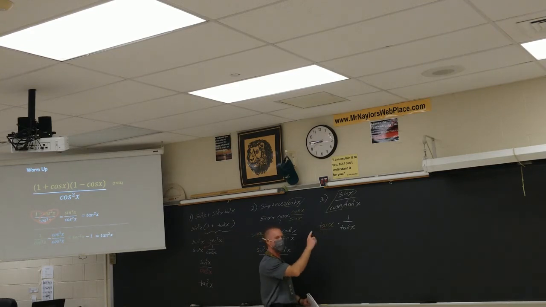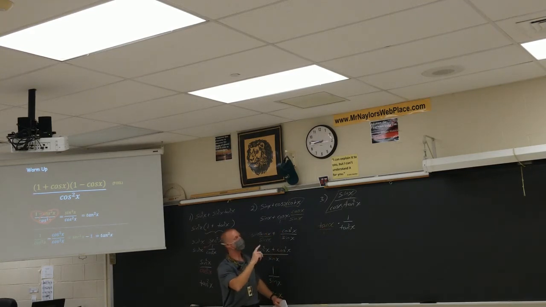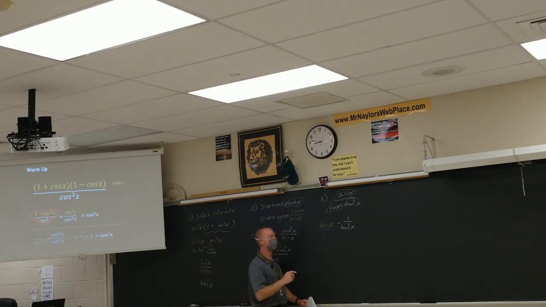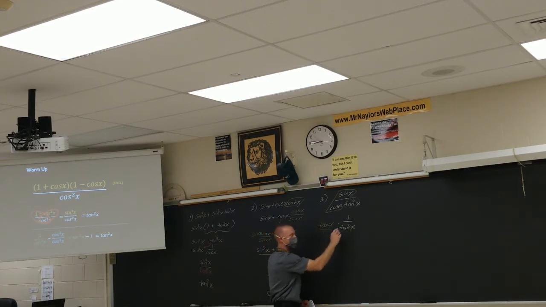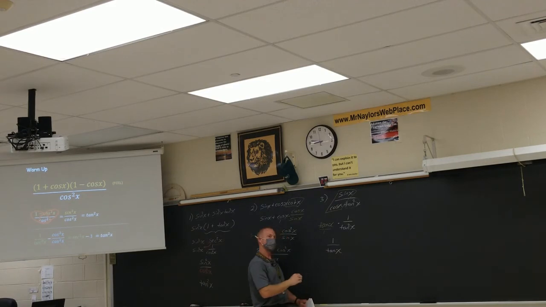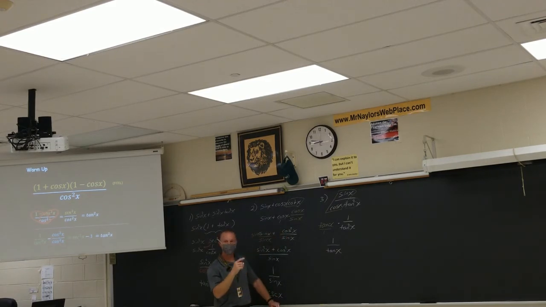Sometimes people aren't sure where these go. So the yellow tangent is in the numerator. The tangent squared is still in the denominator. And then we get to a point where we can do a little simple canceling. After you cancel, you're still left with tangent in the bottom. I see sometimes kids want to flip it to the top too soon.